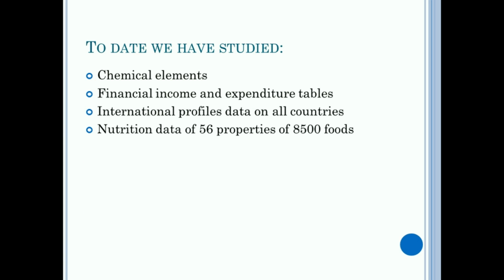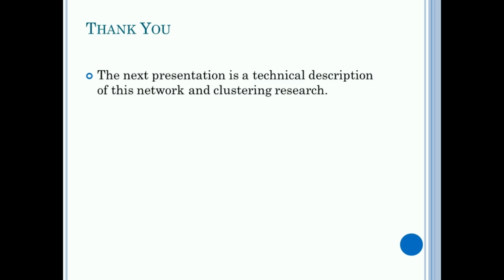We have a nutrition table that we are especially interested in that has 8,500 foods, and another one that has 16,000 foods with about 56 of their numerical properties of what that food contains. And another set of tables we've made on pollution data. And in the current work we're doing, we're finding all of these different clusters and studying how to put the software together in the best way for users to utilize.